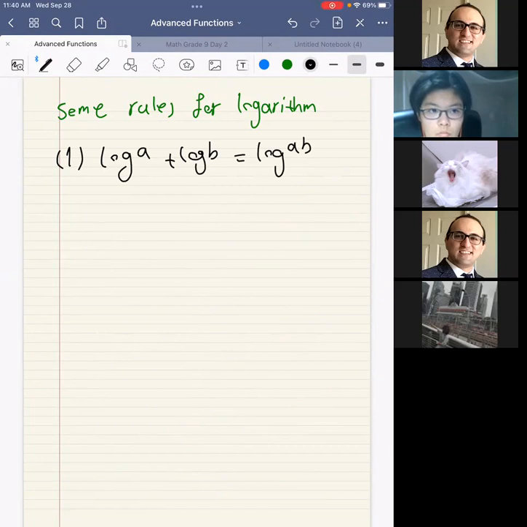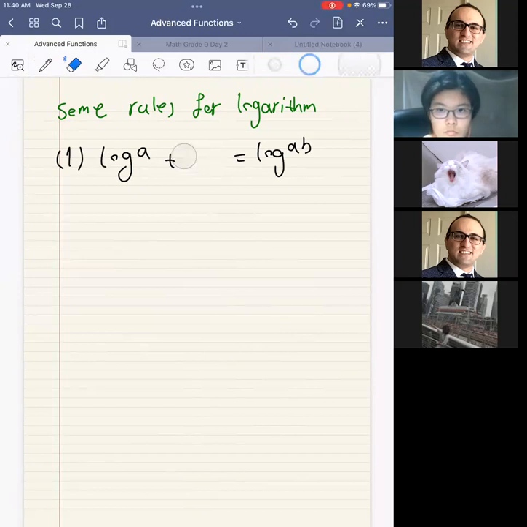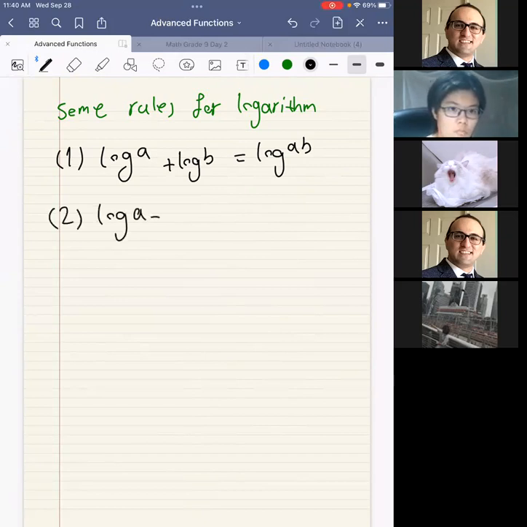And here the base doesn't matter. This is true for any base, 2, 3, 10, e, any base. So the sum of two logs is equal to the log of the product. The second rule is that when you subtract, you have to divide.